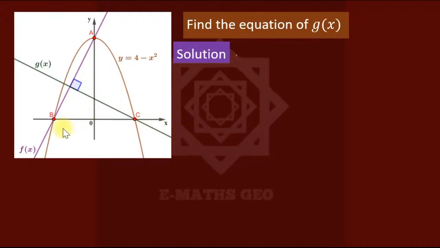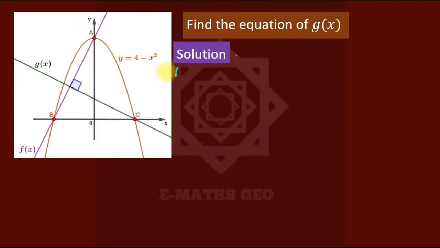How do I get points A, B, and C? If you notice, the three points lie on the curve, which is a quadratic curve y equals 4 minus x squared. At points B and C, y is 0. Yes, that's the x-intercept.